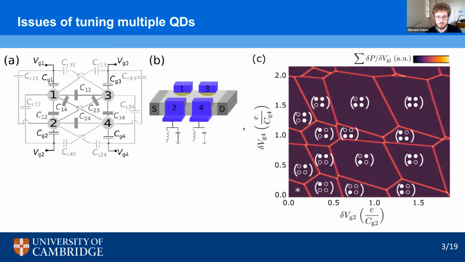In this work, I'll be mostly considering reflectometry measurements, which result in quite fast readout of our charge state, which allows us to make maps quite quickly.